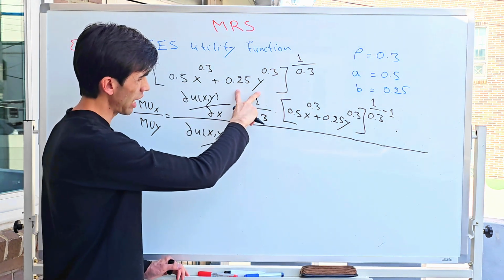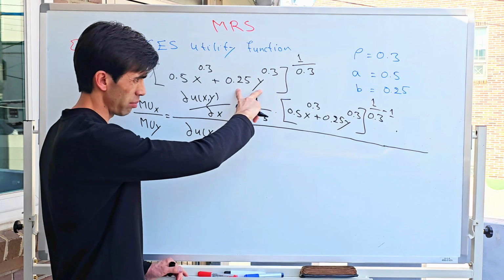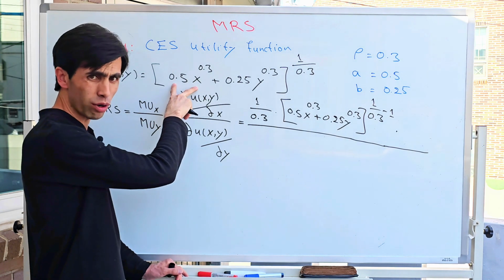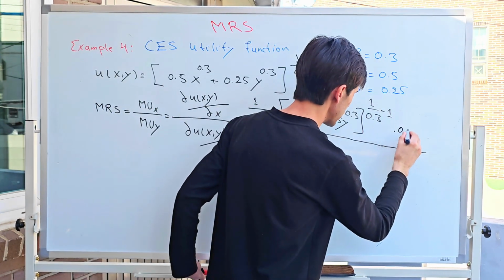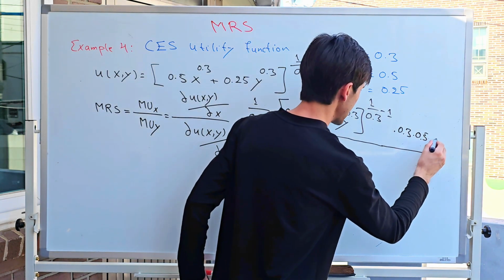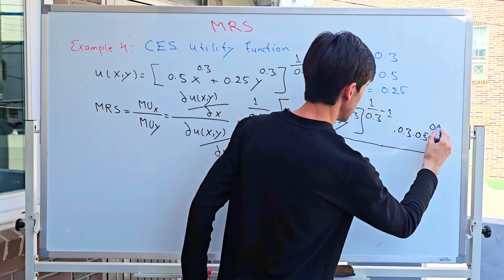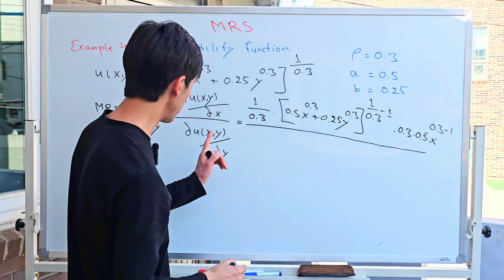Here we do not have any x in the y part, so its partial derivative with respect to x is equal to 0. The derivative of the x part is 0.3 multiplied by 0.5 x to the power of 0.3 minus 1.